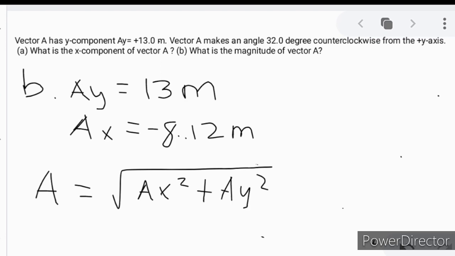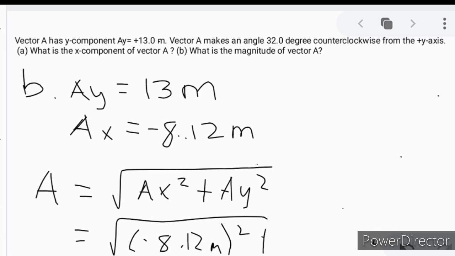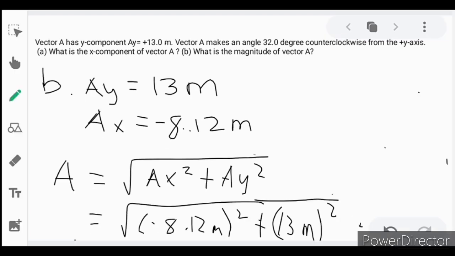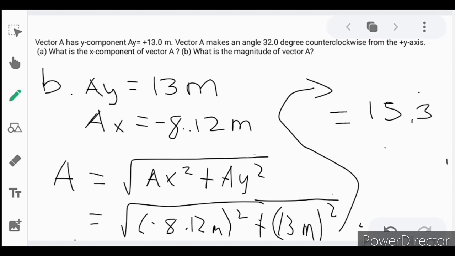And we're looking for the magnitude of vector A, which is the square root of A sub x squared plus A sub y squared, since it is the formula from the Pythagorean theorem. Then substitute. After we calculate it in our calculator, we got the answer, which is 15.3 meter.